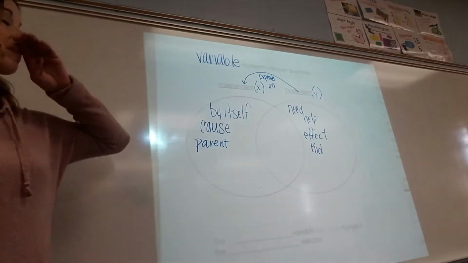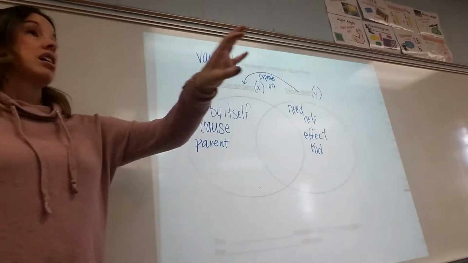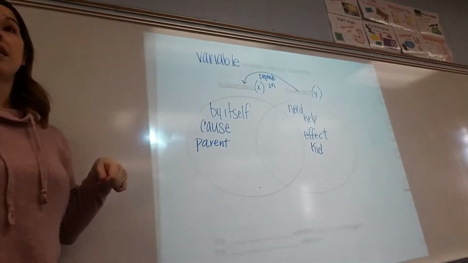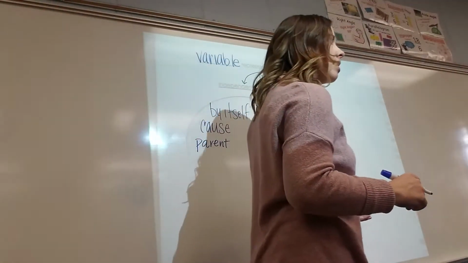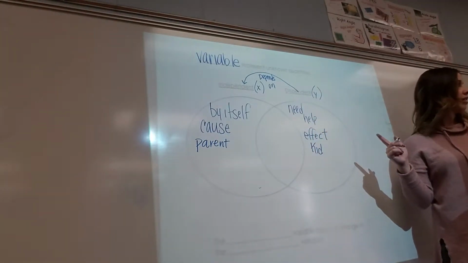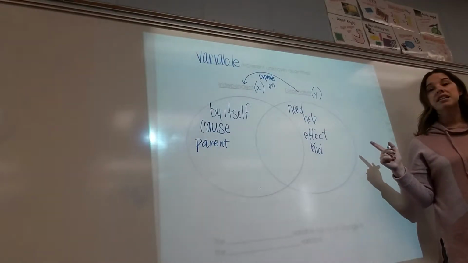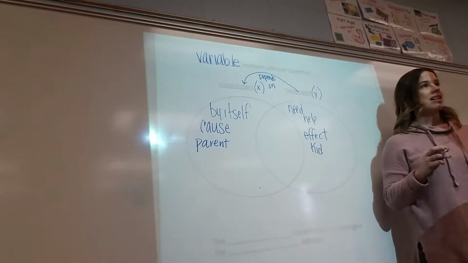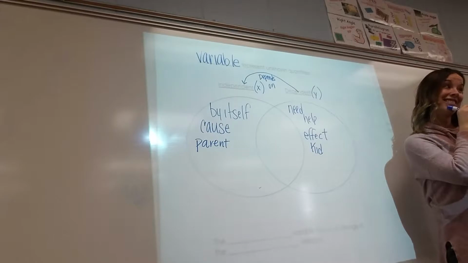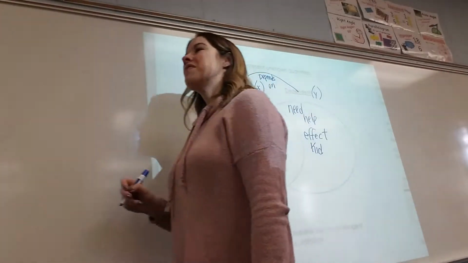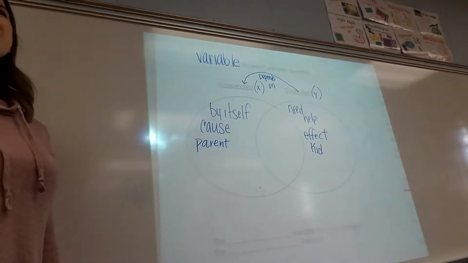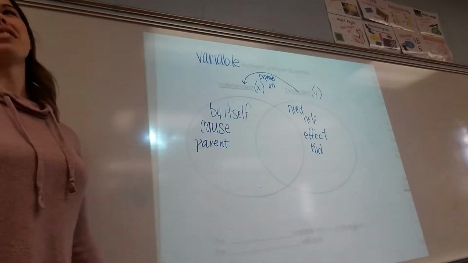So, let's think about this. If Colin's dad, Darren, is the independent, he's the parent, is he free to make his own choices? Right, his choices can change. Can those choices directly affect Colin? Absolutely. Let's say Darren decides today at practice, Colin's going to run 3 laps around the diamond.